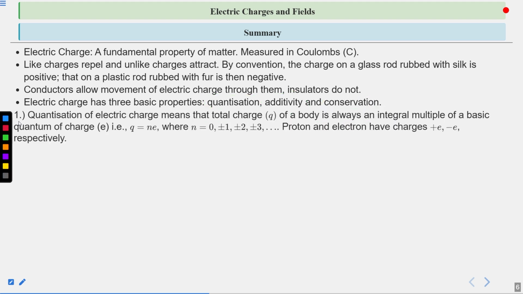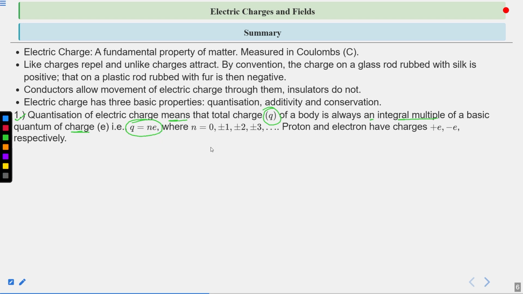So our first property is quantization of charge. Quantization of electric charge means the total charge Q of a body is always an integral multiple of a basic quantum of charge, and that is e. So mathematically we can write Q is equal to ne, where e is the charge on an electron.